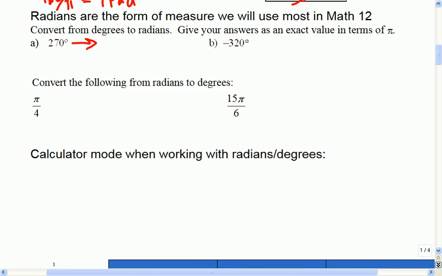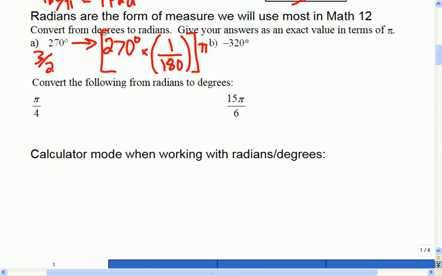Obviously once we put pi in it, we're not going to be able to make a fraction out of it, because otherwise pi would be a rational number. It's not. So for 270 degrees, what I usually do in my calculator is think about it this way. First I'll do that, then I'll multiply it by pi. Because the calculator can tell me that this is 3 over 2, and then I can put the pi on after.